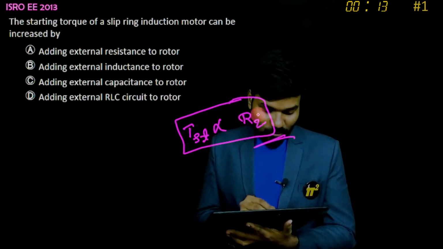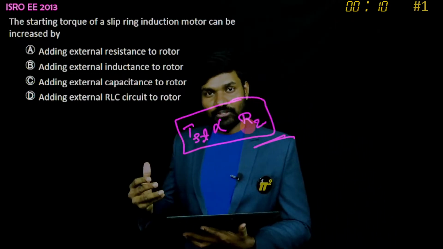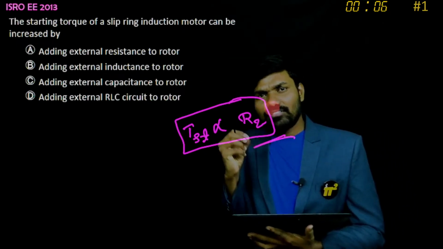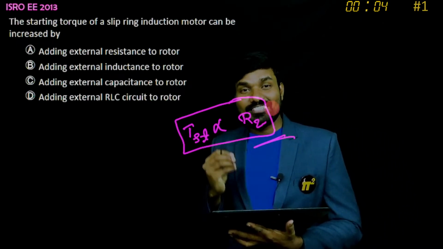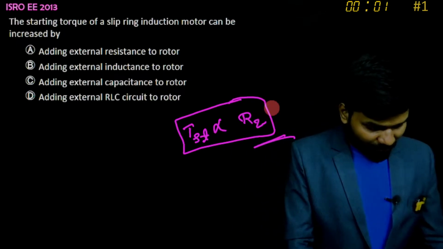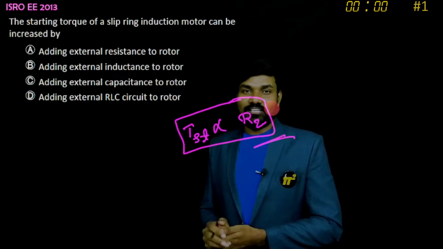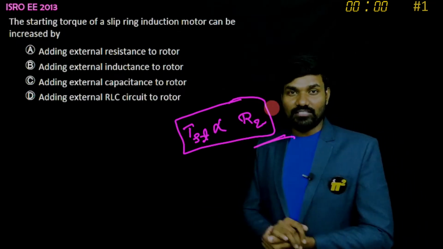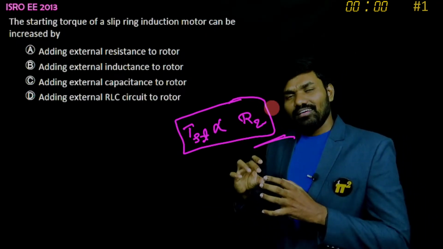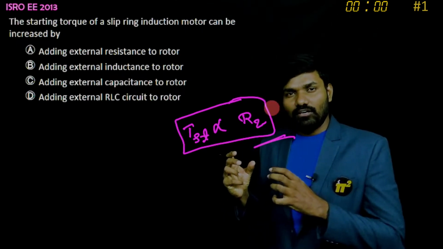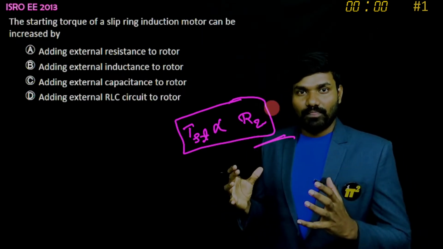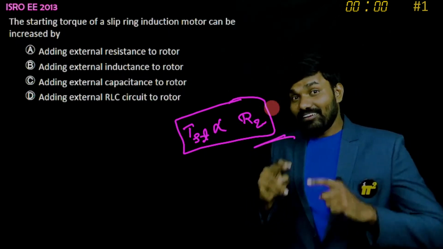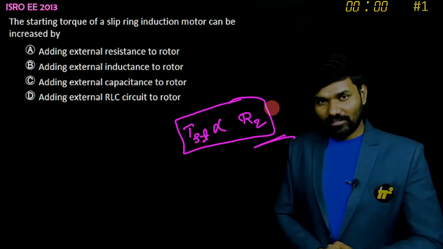So if you want more starting torque, you'll add more resistance in the rotor. That's the beauty of slip ring induction machine. If it is a squirrel cage induction machine, you will not have this facility to add the rotor resistance. Hence, we'll say squirrel cage induction motor does not have such a good starting torque. I mean, starting performance is poor for squirrel cage, but running performance is good for squirrel cage.